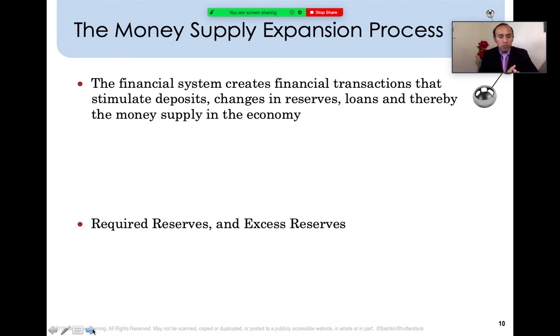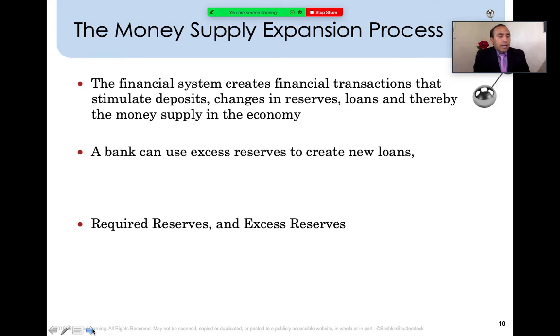If we as individuals deposit our funds into the bank, the bank keeps some of those deposits as reserves for withdrawals, and the rest are typically lent out to the public or other borrowers in the form of loans, and thereby the money supply in the economy starts to change, which is referred to as the monetary expansion process through the fractional banking structure.